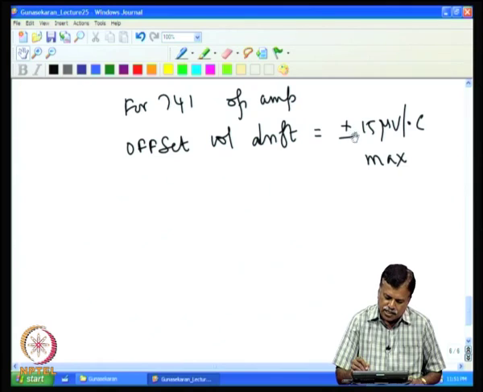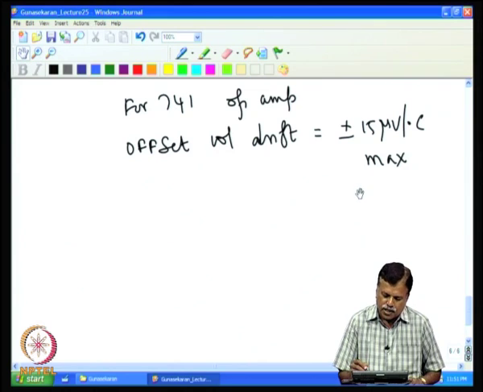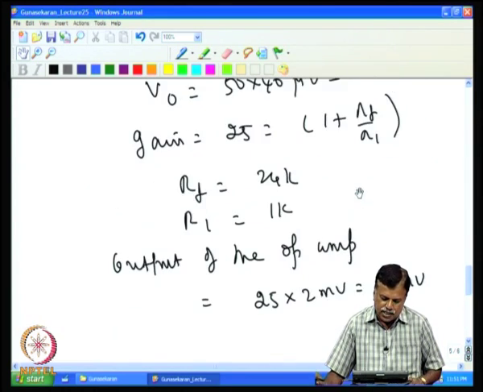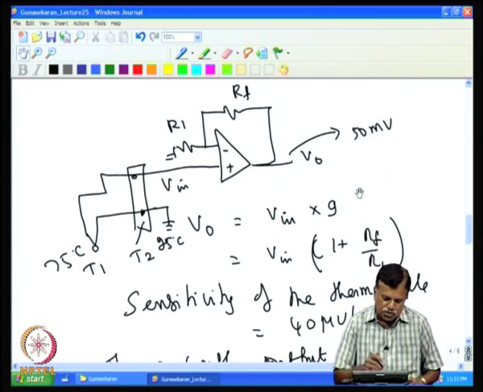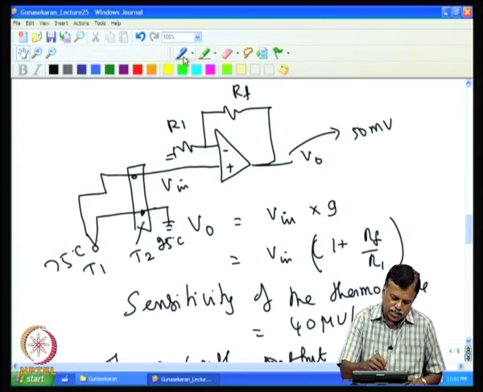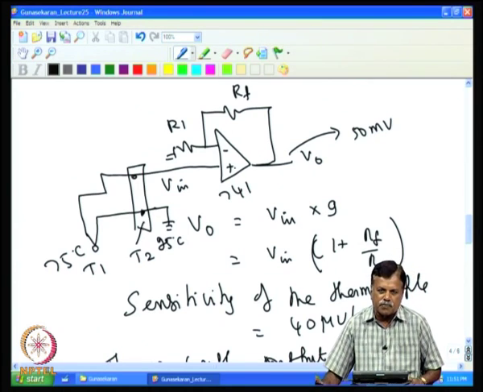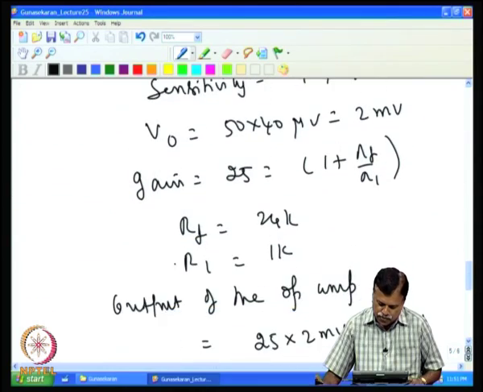It can be plus or it can be minus, or for some op amps it can even be 0 within 741 IC itself. So, when we make this instrument, we do not know what the drift of the op amp is. For this particular piece of 741 which I am using, how much temperature drift it has is not known. So, one has to always take the maximum value.